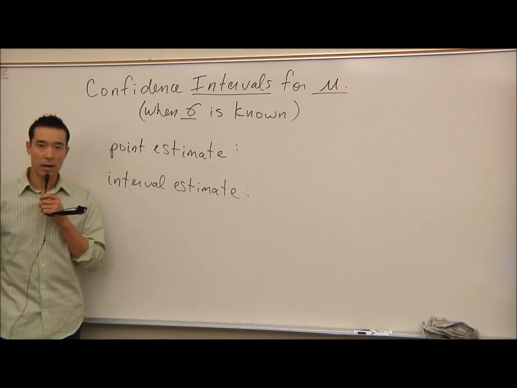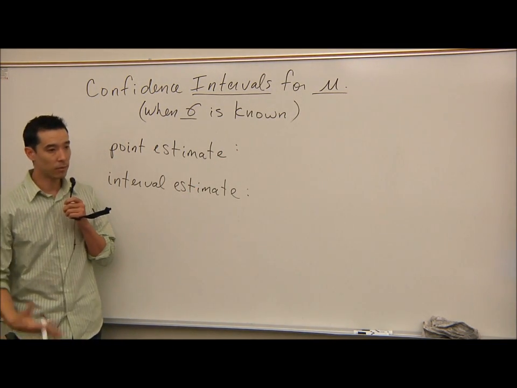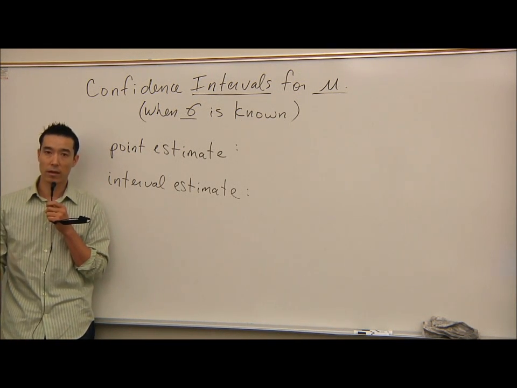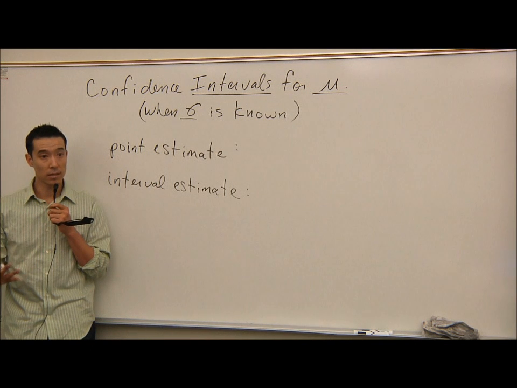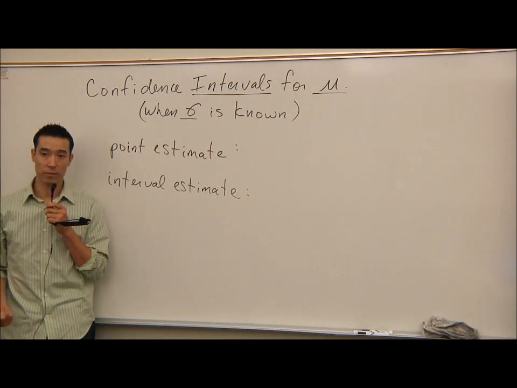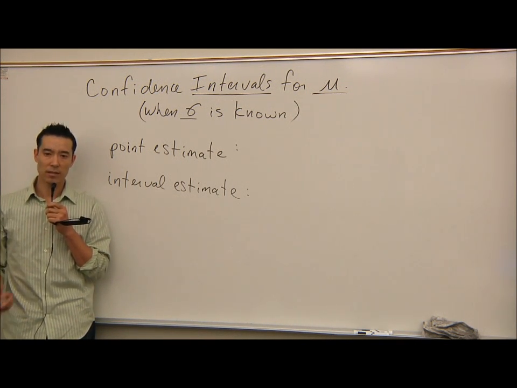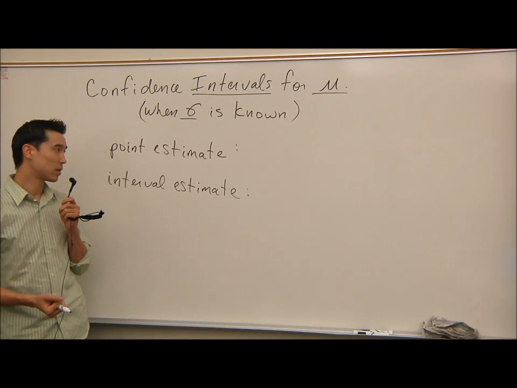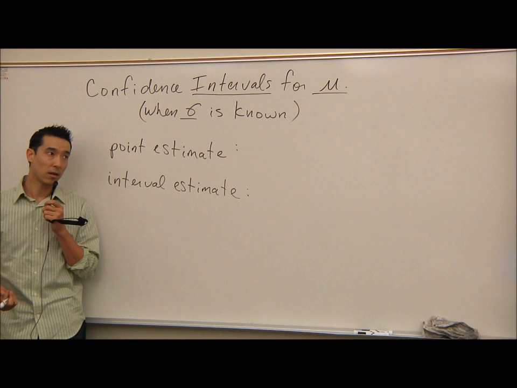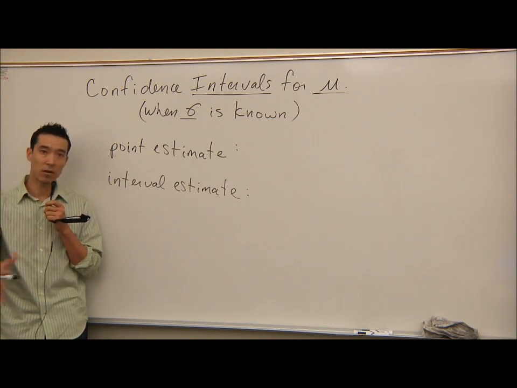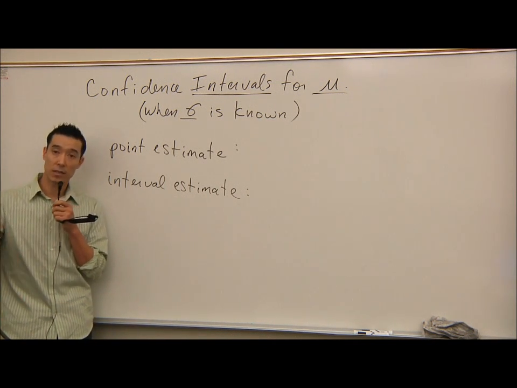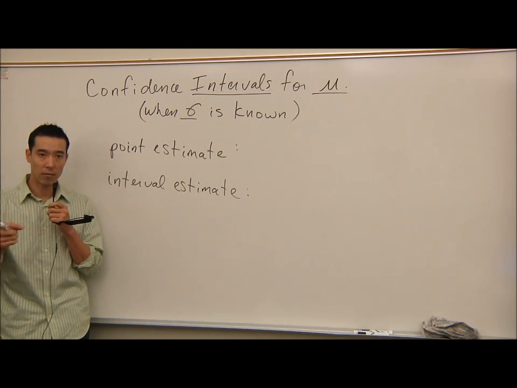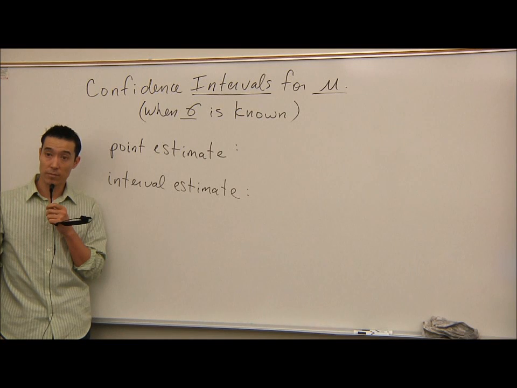Okay? A point estimate, an example would be, let's say I was really curious what the average number of units a student at Las Positas College is registered for. Well, if I didn't have access to every single student, what I could do is take a sample. So maybe I took a sample of 30, 35 students, and I wrote down the number of units each one of them is registered for.